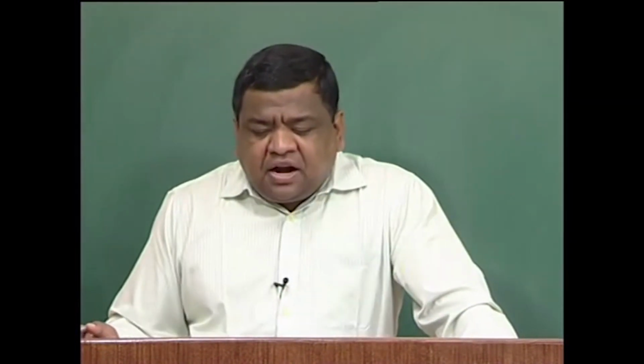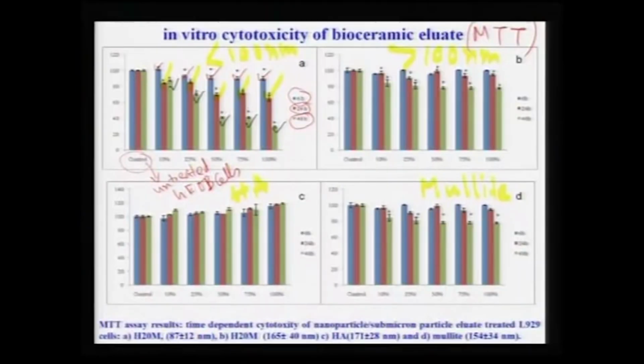Now, in the case of greater than 100 nanometer, this kind of progressive decrease is significantly less, because in all the cases your MTT values are 80% or higher. You understand what I am saying?